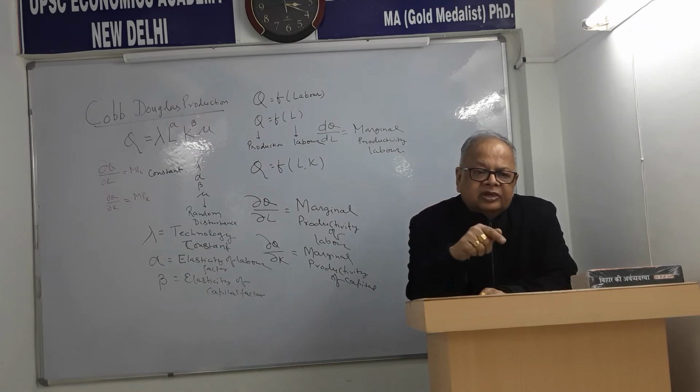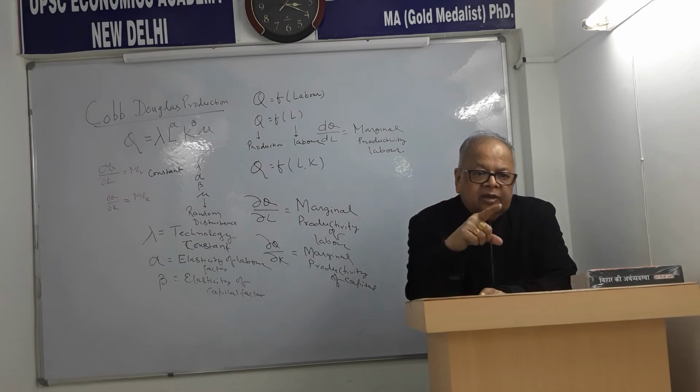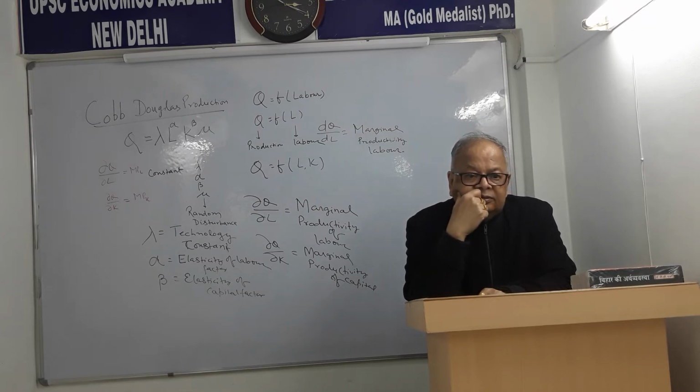So if 10% labor is increased, more than 10% production will increase. Again I repeat, suppose 10% labor is increased, more than 10% production will increase. This is known as law of increasing returns. This is a very good position in the economy.